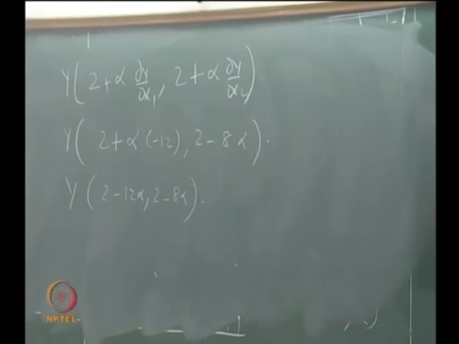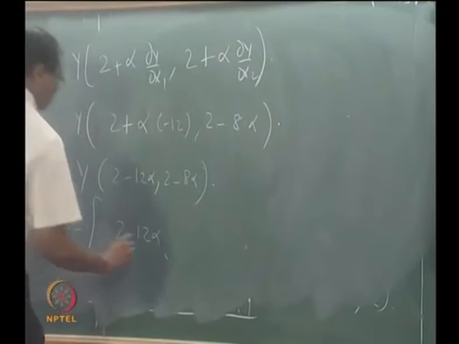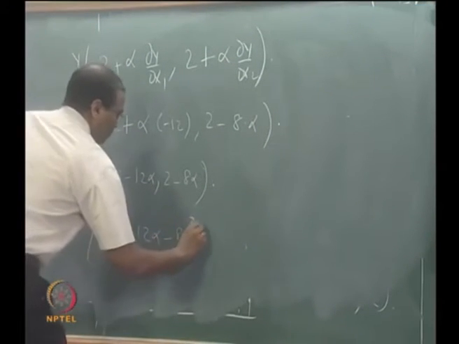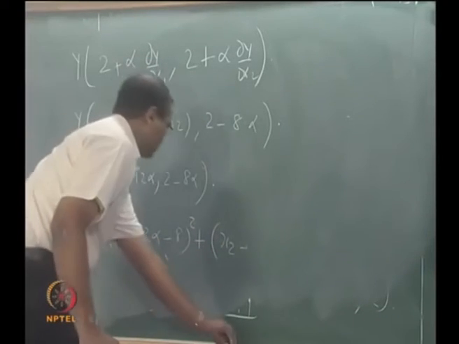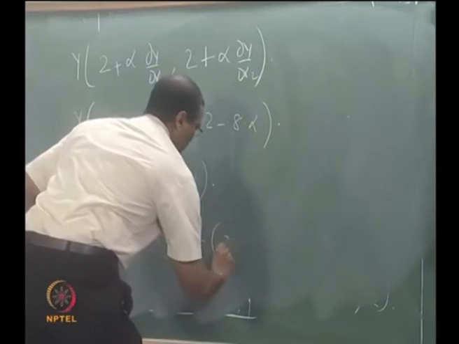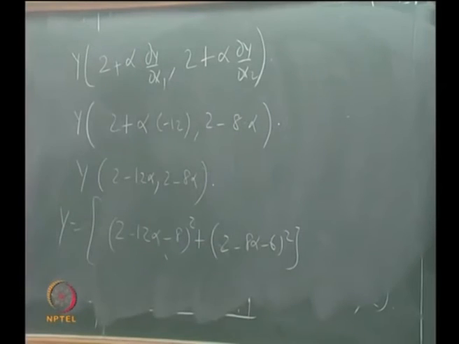Abhishek, is it okay? Now you have to optimize for y. Now take dy by d alpha equal to 0 and get the value of alpha. What is it now?